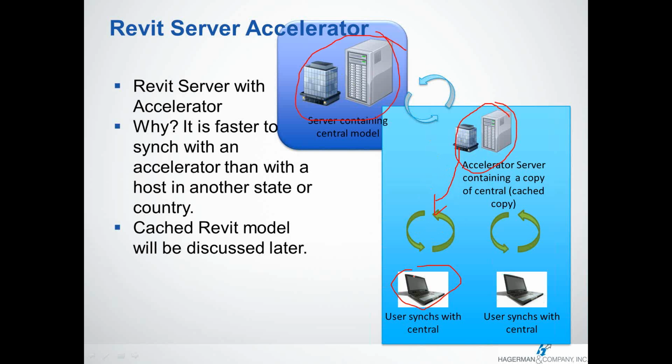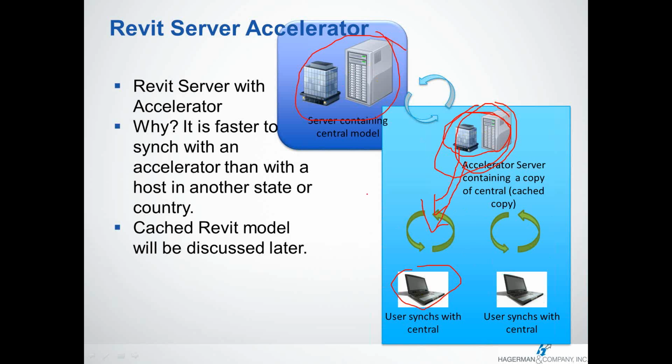So whenever Revit tries to load the changes, it says, do I have the latest copy of the central? And if the answer is yes, then it downloads it directly from the accelerator, which is way faster. So if you're just working locally and making local changes, all of your saves would be a lot faster, because a lot of those things being saved are just going to the accelerator, and the accelerator is taking care of the stuff going to the host.